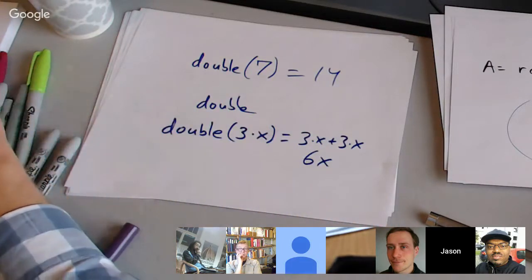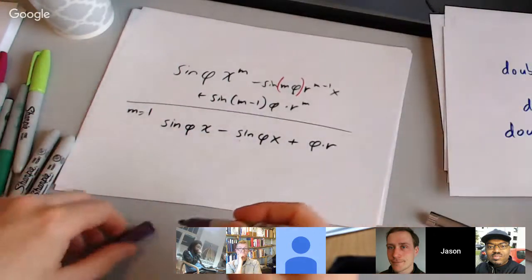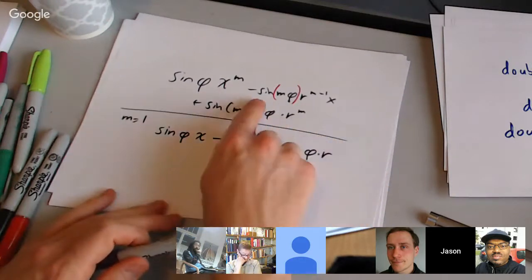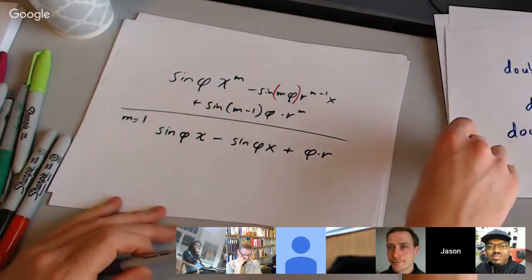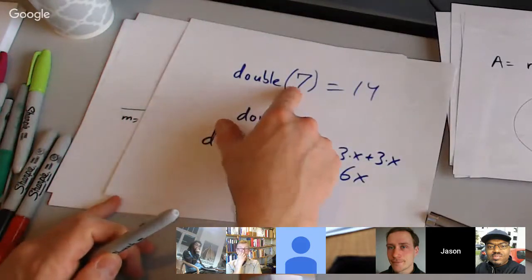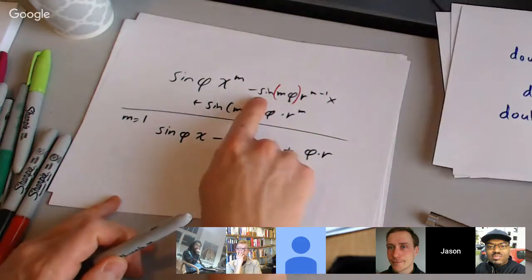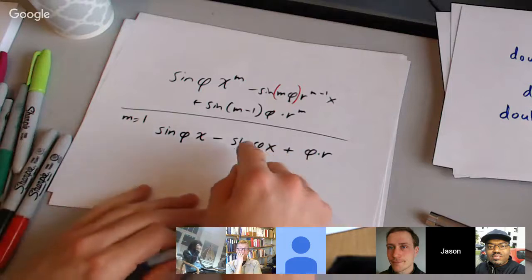So coming back to what we're looking at right now, the way that this gets treated, when we see the sine of m phi, when we read it out loud, we say "of," because you might say the double of 7 is 14. The sine of some angle is a relationship between 2 legs of a triangle.